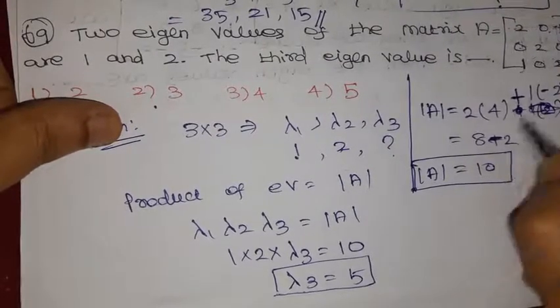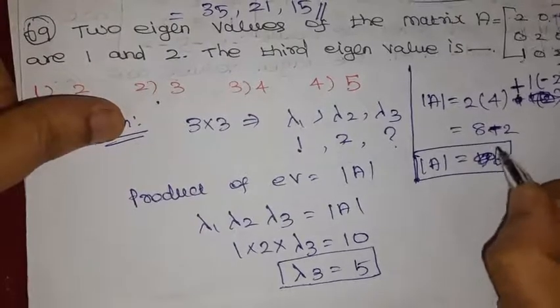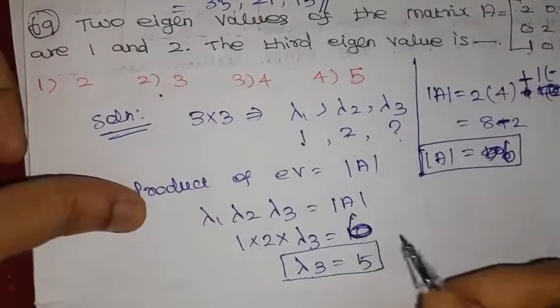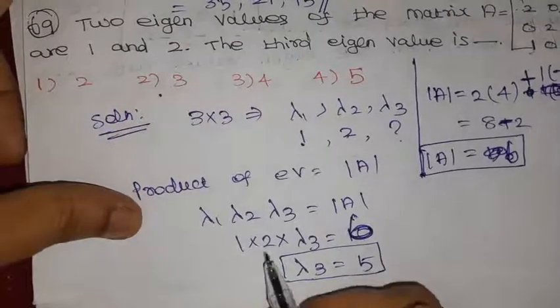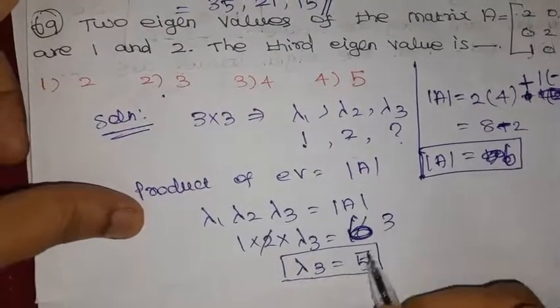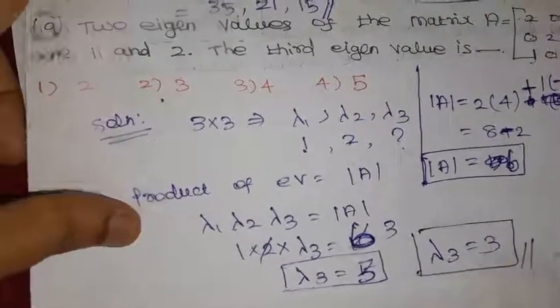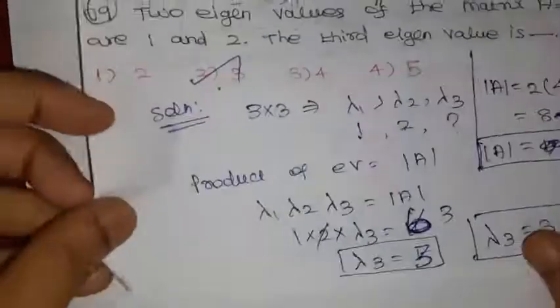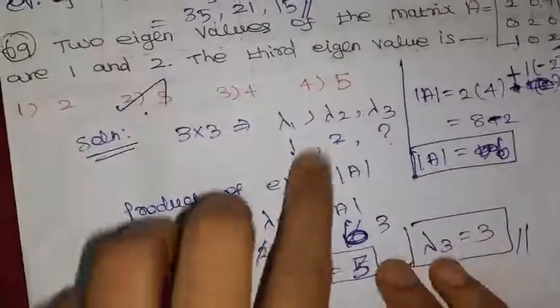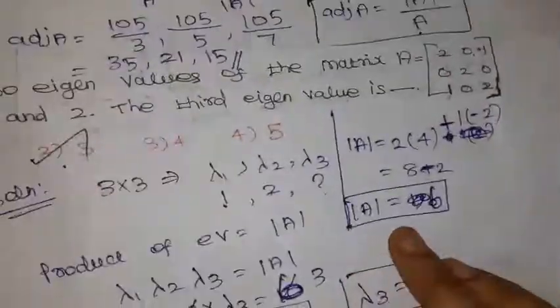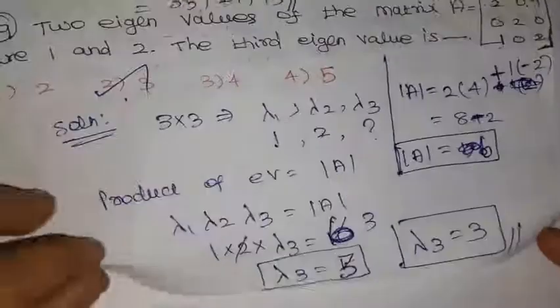So 8 minus 2 is nothing but 6. So here 6 will come. So 2 times lambda 3 is 6, so lambda 3 equal to 3. Option 2, 3 is the right option. I was getting confused because 5 is also in the options. So we should be very careful when we do numerical problems.